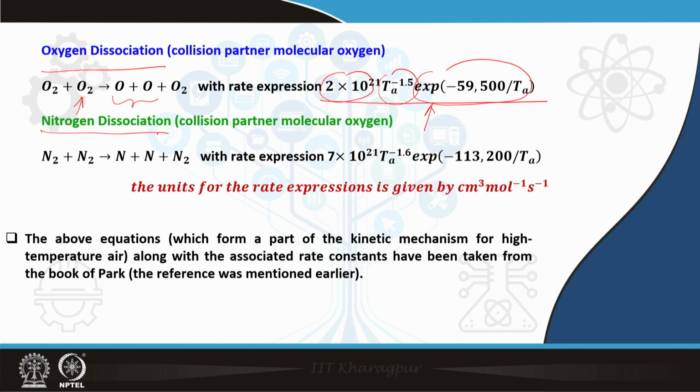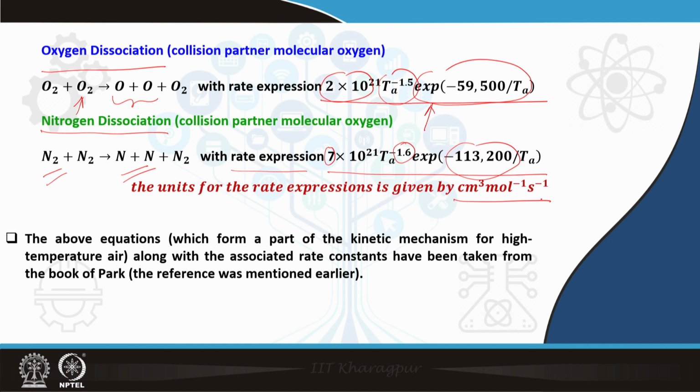Similar rate expressions are available for nitrogen dissociation, and you can see that molecular nitrogen dissociates to atomic nitrogen, and the rate expression in that case comes out in a form like this, where there are differences in the coefficient and in the exponent for both the terms, and the units for the rate expressions happen to be centimeter cube, mole inverse, second inverse.